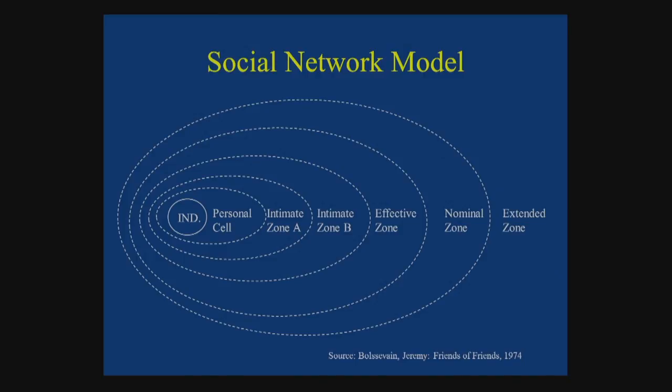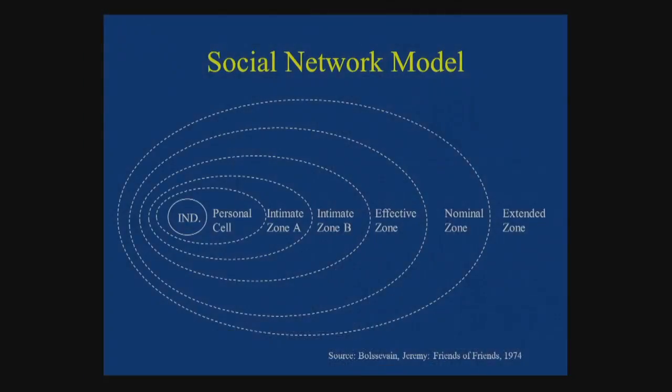So in the very center of the circle, you'll see the individual. And what Jeremy Boissevain says is that people are surrounded by a series of people who go from being very intimate to very extended. So in the beginning is a personal cell.